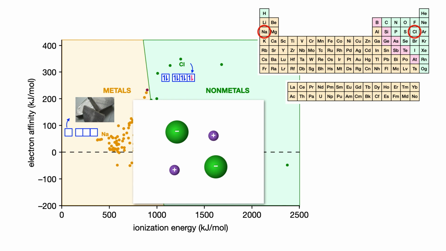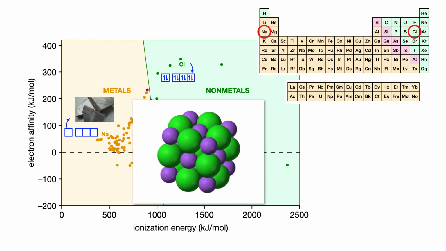And then the resulting forces that attract these ions together pull them into an orderly arrangement, just like we saw in the case of sodium, except here, instead of positive atomic cores being held together by a sea of electrons, we've got positive ions being held together by their attraction for negative ions. And the result is a three-dimensional crystal lattice of ions, of sodium and chloride ions. And this is the familiar sodium chloride that we are familiar with.